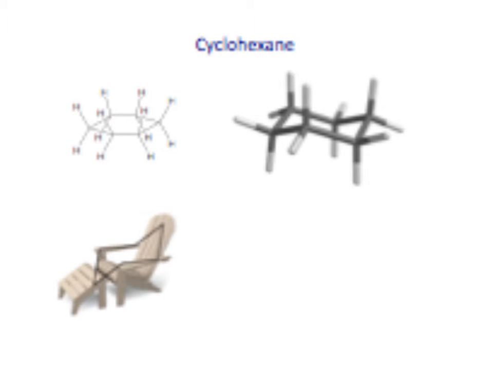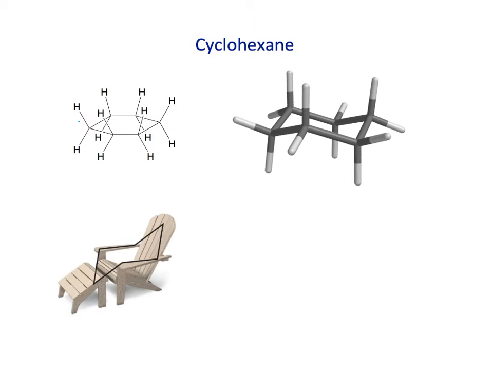For cyclohexane, what happens is that each of these carbons rotates either up or down. So for example, this carbon could rotate down, the one next to it would rotate up, down, up, down, up. So they're alternating up and down.